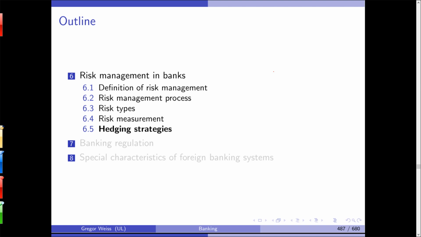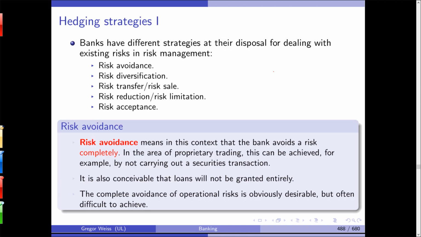Questions concerning risk measures and backtesting. I've only given you this in a nutshell because this is the topic of financial risk management next semester. Any questions? Oh, okay. Then let's turn to hedging strategies.